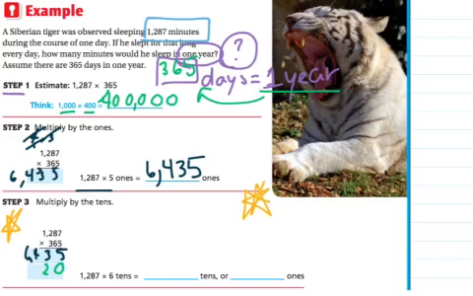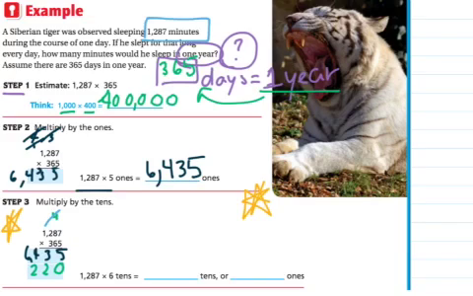So we have to regroup the 4 now above the tens place. 60 times 8, pardon me students, 6 times 8 is 48, plus the regrouped 4 is 52.